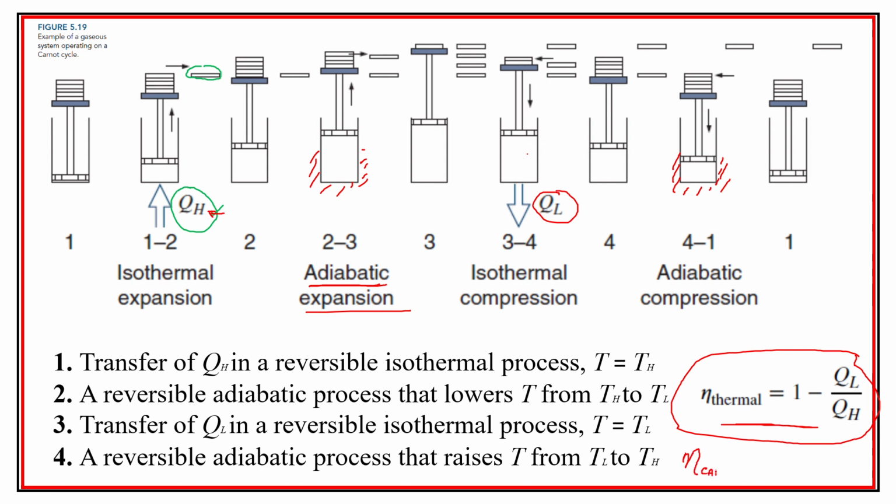So here I'll pre-write what this is going to turn out to be. The Carnot efficiency is going to be 1 minus TL over TH. And of course, these are absolute temperatures here, but you can see that we can get this idealized efficiency, the Carnot efficiency, just based on the temperature of the sink divided by the source, and then that gets subtracted from 1.